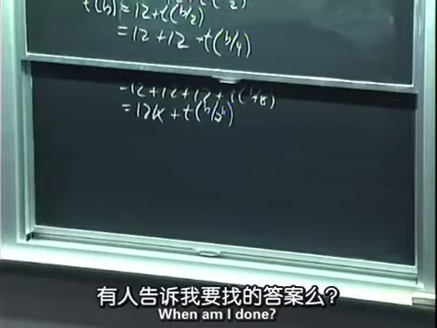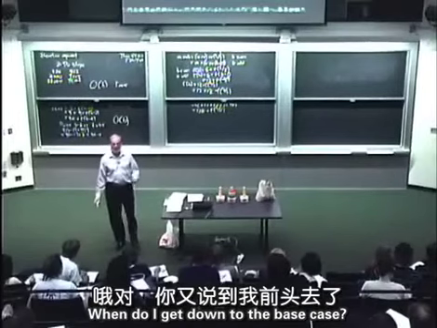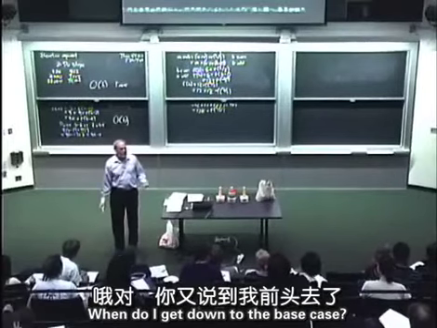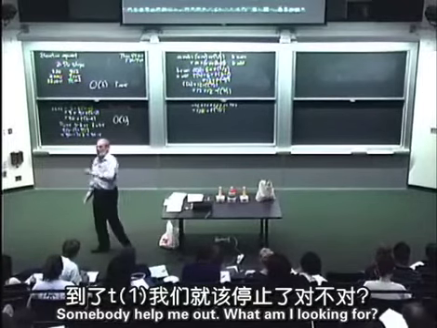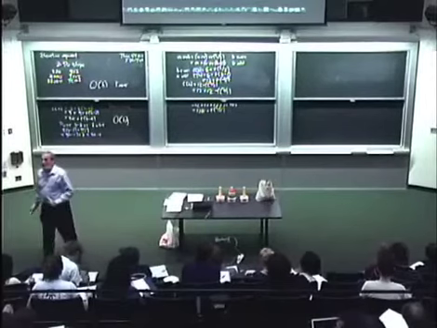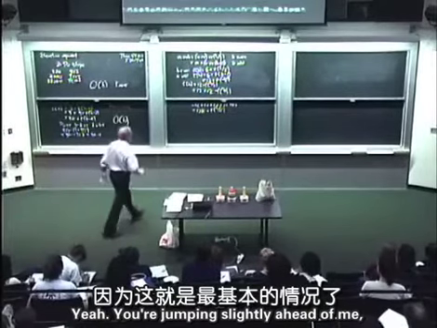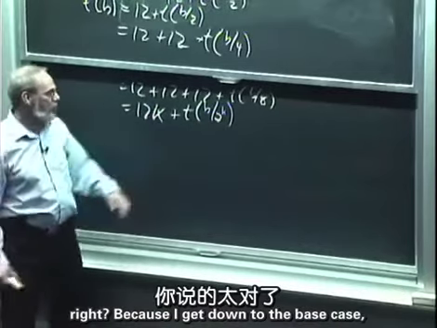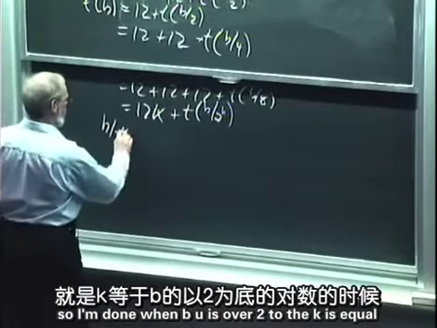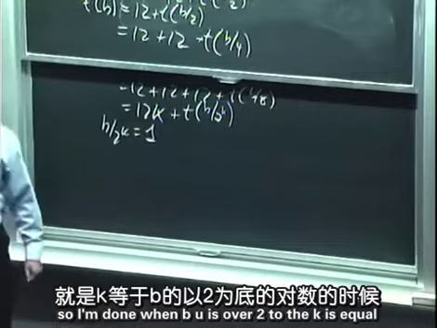When am I done? When do I get down to the base case? Somebody help me out. What am I looking for? Yeah, you're jumping slightly ahead of me, but basically I'm done when this is equal to 1, right? Because I get down to the base case. So I'm done when b over 2 to the k is equal to 1. And you're absolutely right.